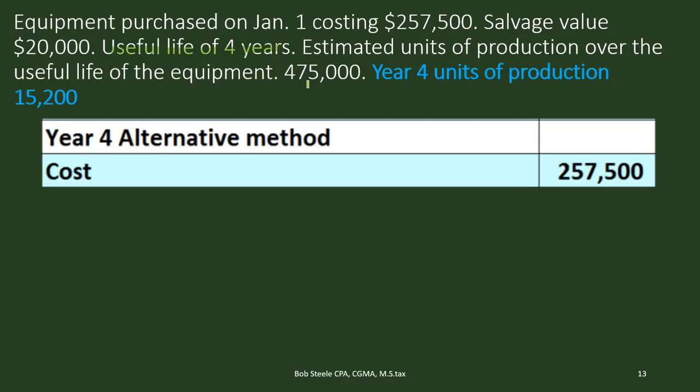For example, if there was no salvage value and we depreciated at 50 cents per page, and we printed more pages than the 475,000 pages we estimated, then if we keep on recording at 50 cents a page, we will end up with a book value below 0 at some point. And that's not feasible. We cannot have a printer that is worth negative money. That doesn't make any sense.